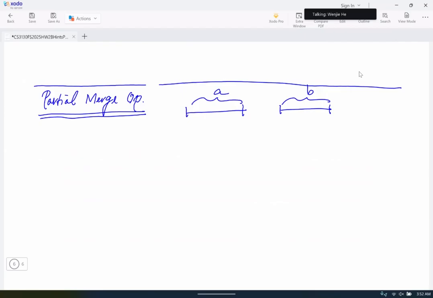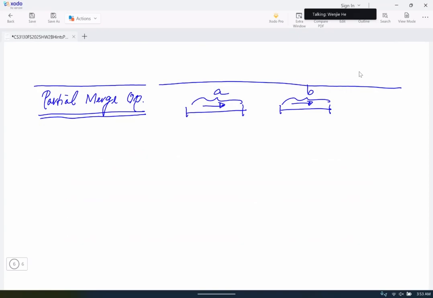So this partial merge operation, we just apply the standard merge operation a few steps. So here I assume this one is unordered. This one is ordered.